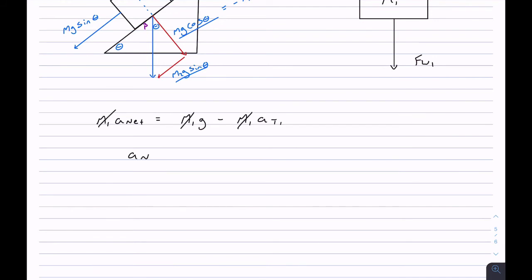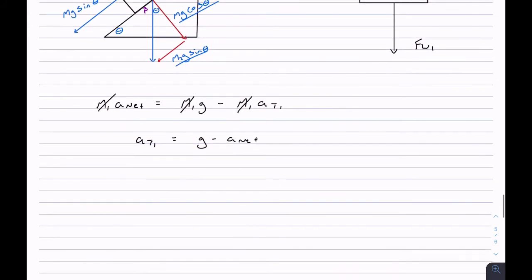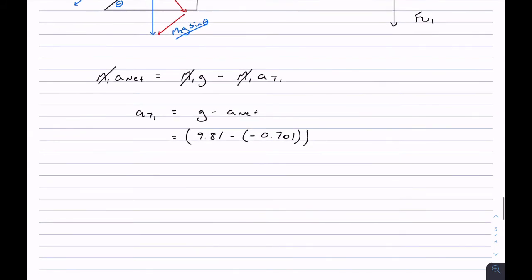So let's do it this way. AT1 is equal to G minus A net, which is equal to, we just found that this is going to be negative 0.701 meters per second squared. Since it's asking us to find the tension connecting the boxes, recall that these are going to be equal, right?